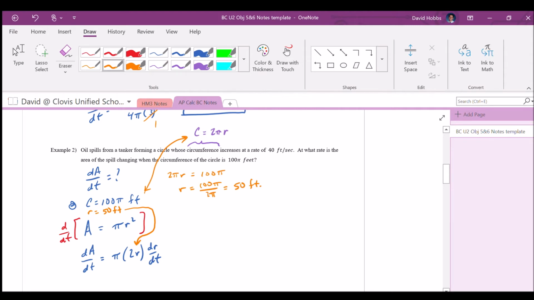Well, let's see. At what rate is the area of the spill changing when this is 100 pi feet? I think we need to actually, didn't they give us something else?